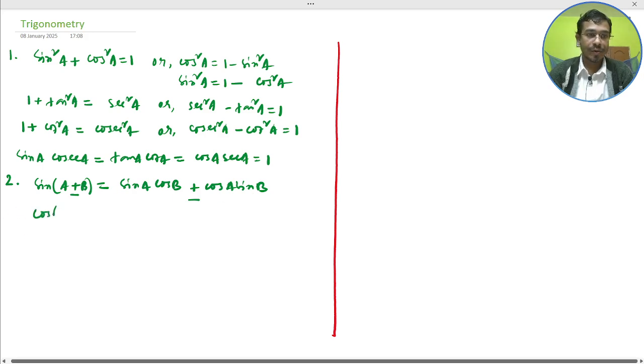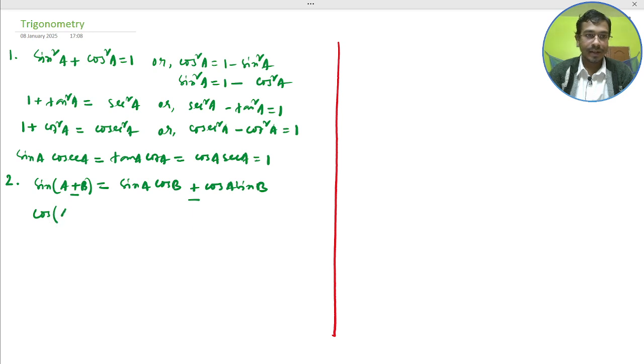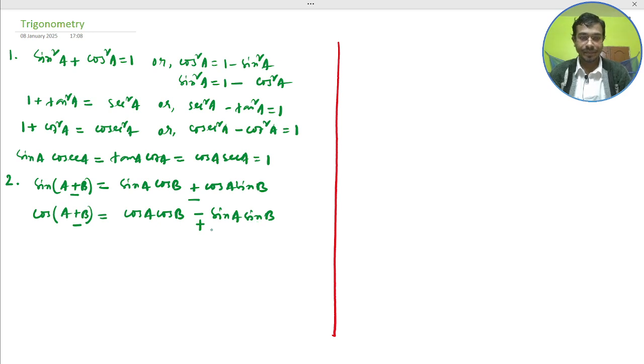Next, cos a plus b is cos a cos b minus sin a sin b, and for cos a minus b, it becomes cos a cos b plus sin a sin b.